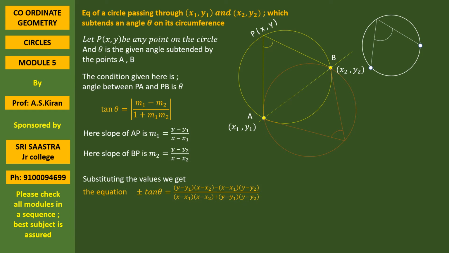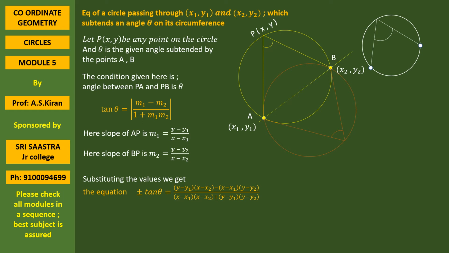Substituting these values in the above formula and eliminating modulus, plus or minus tan theta equals, with a simple calculation, you will get those terms. You can follow it on your own, but while doing the calculation, don't open the brackets. It is a hint.